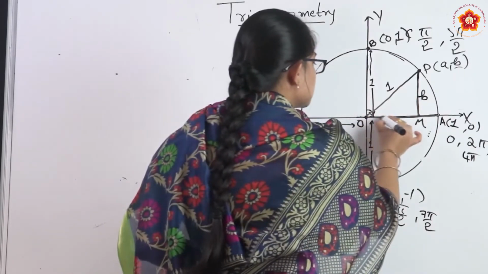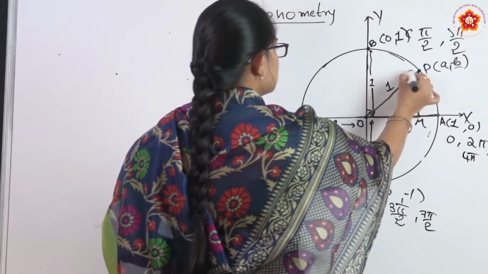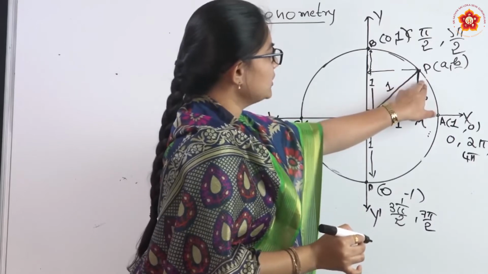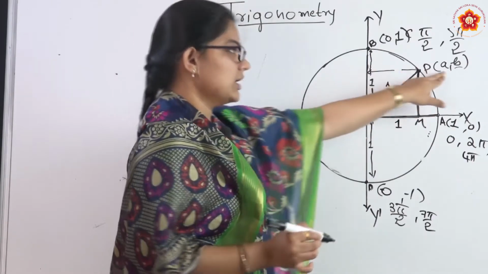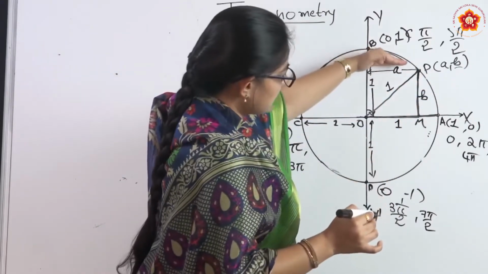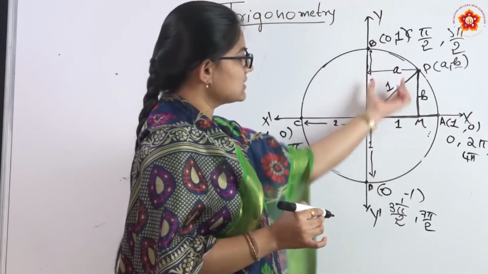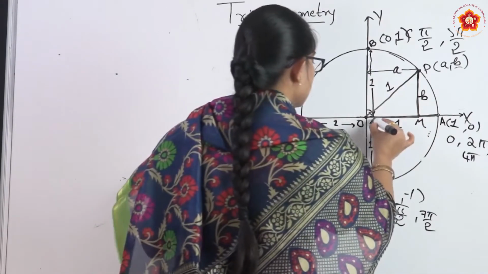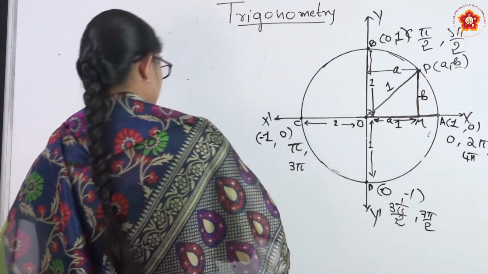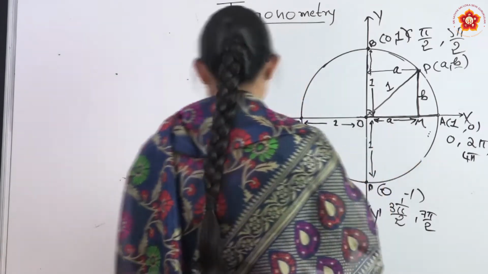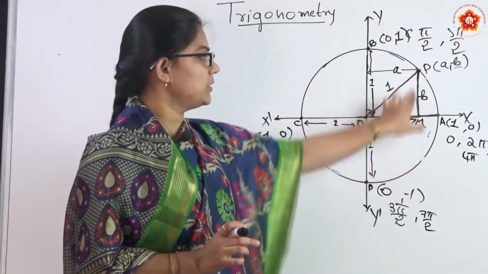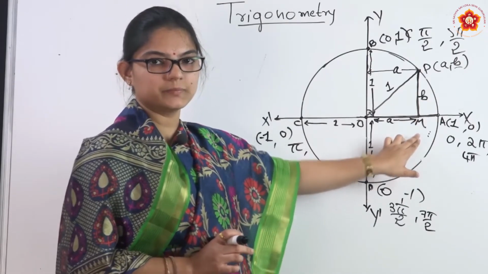Next, what is this distance? The distance of a point from the y axis will be the x coordinate, right? This length is the same as this length, so you can say this length is a. That is, OM is a, PM is b, correct?